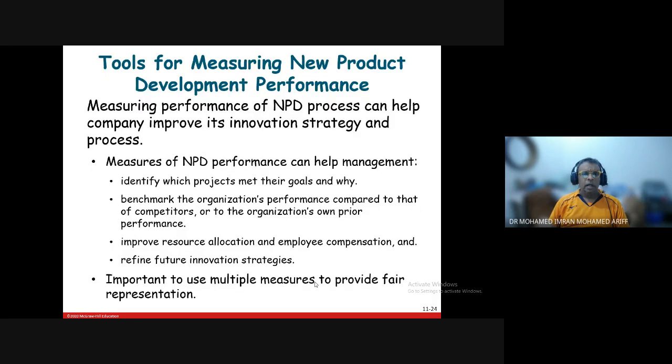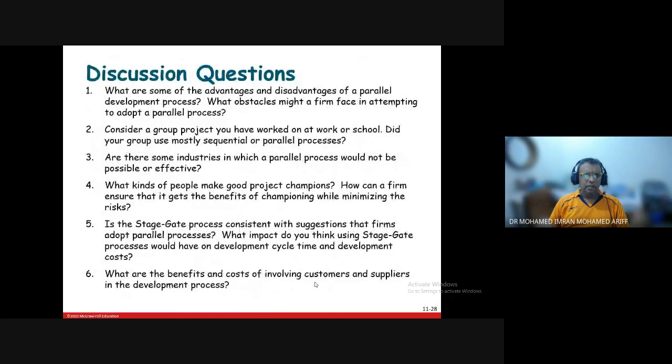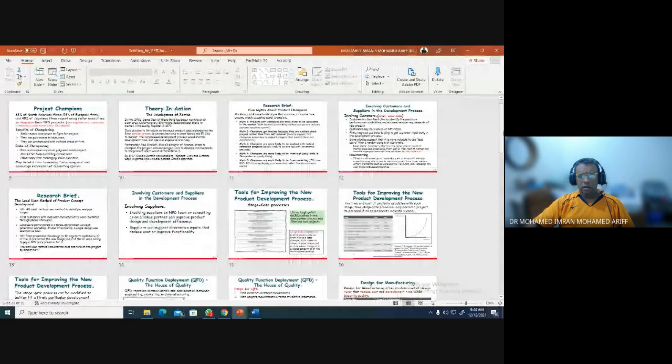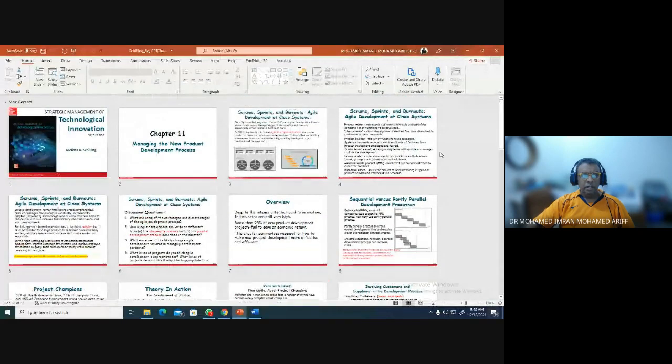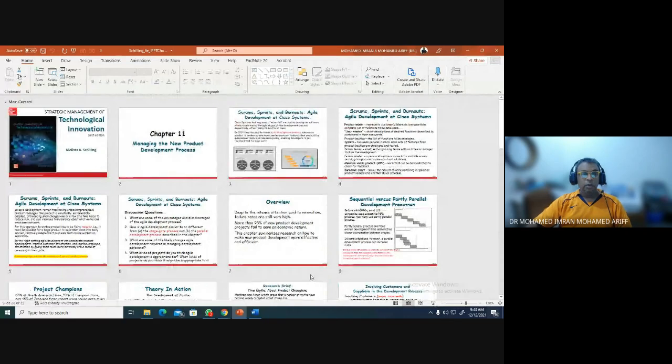Okay, I think this is all for chapter 10. This is about managing the new product development process. Chapter 10, chapter 11.